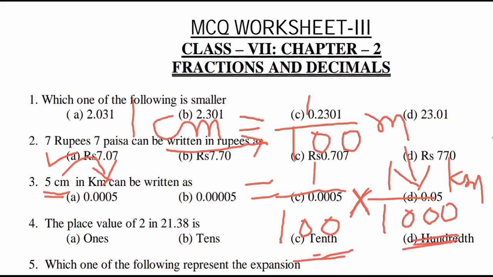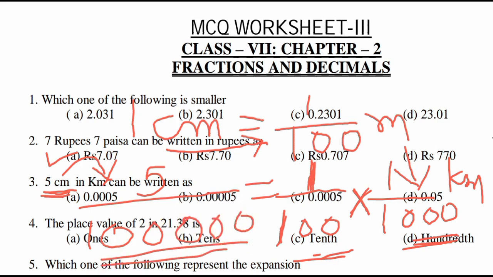And how can we write for 5 centimeter? So in place of this 1 we will consider 5. So here we will consider 5, and we write 5 zeros after it, and for that we have to put the decimal point after 5 digits from the right hand side, right?